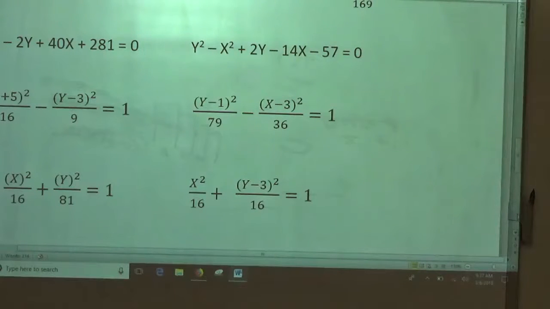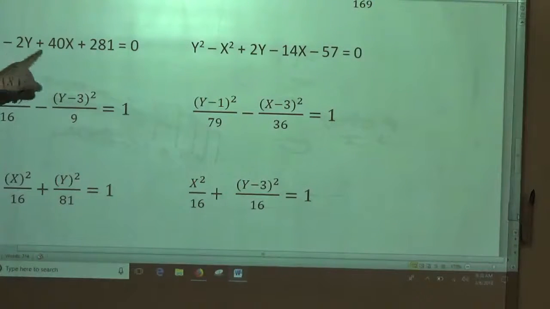Now, next one. What do you notice? X squared or x? X is first power, y is second power. So what is it? Starts with a P. It's a parabola. Can't be a circle because they both have to be squared. Cannot be an ellipse because they both have to be squared. Can't be a hyperbola because in a hyperbola, they both have to be squared.